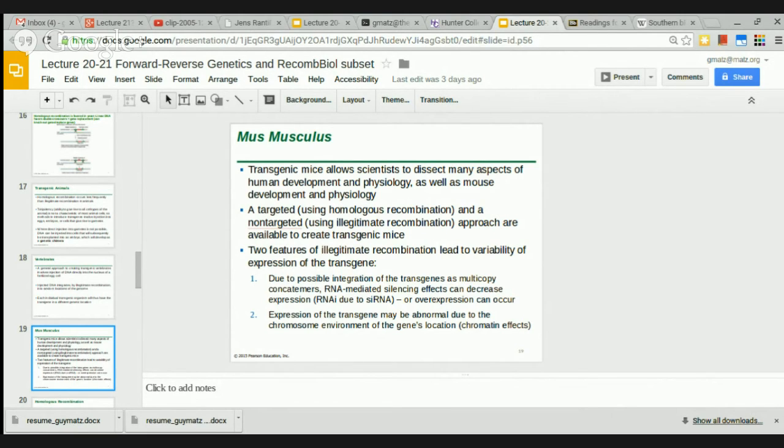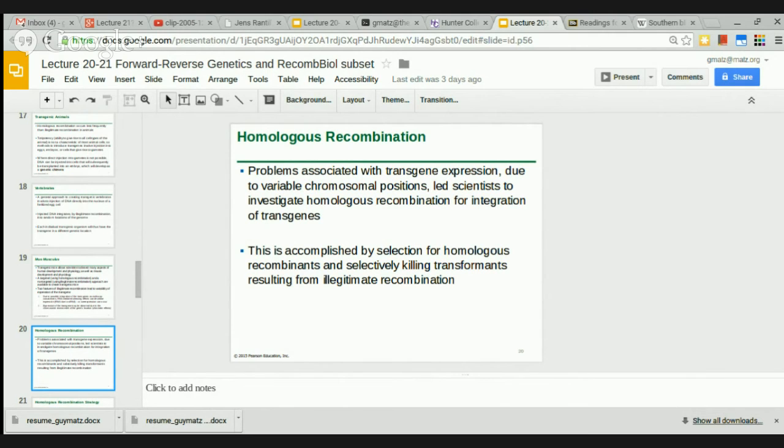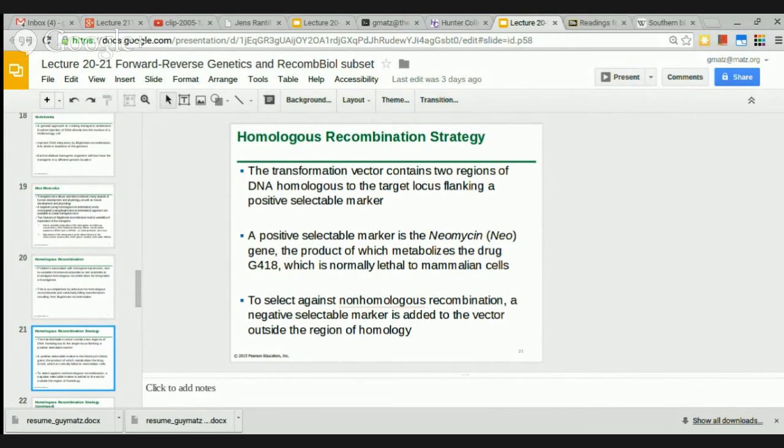So everyone was busy trying to figure out how can we get homologous recombination to happen in mice. Well, this is what was figured out, and that is to use what we call a positive-negative selection strategy.